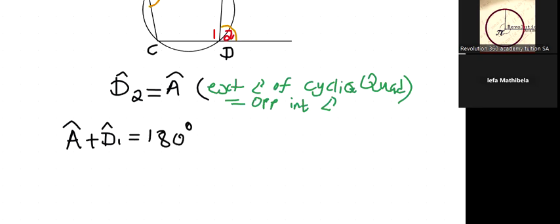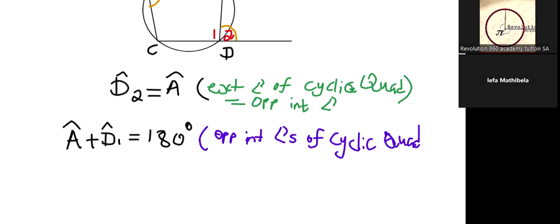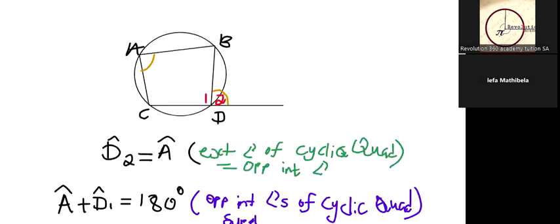The reason: the opposite interior angles of a cyclic quad are supplementary. In maths, remember, supplementary angles are angles that add up to 180 degrees. So if I add angle A plus D1, I must still get 180.